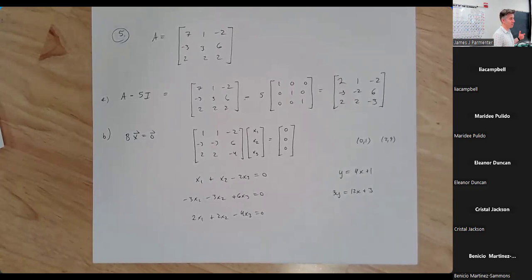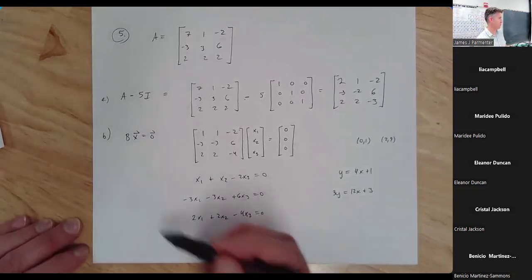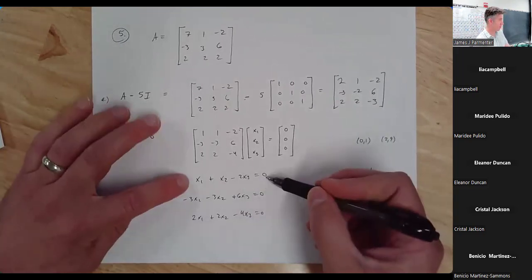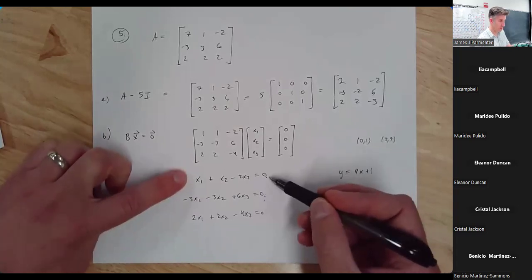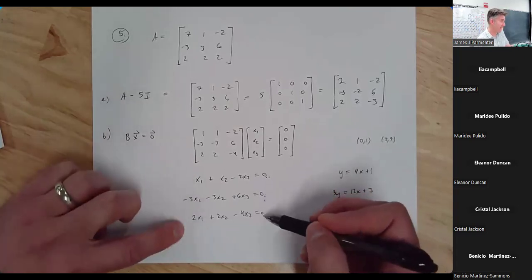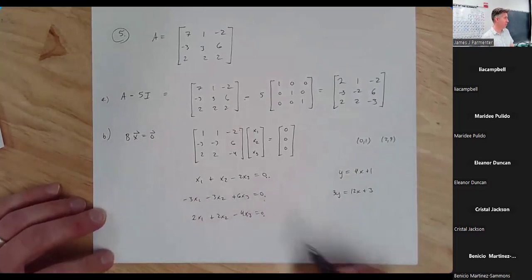And then what I want us to observe is that this second and third equation are just multiples of this first equation. If you take this first equation and multiply it entirely by -3, you get that equation. If you multiply this first equation entirely by +2, you get that equation. So these two equations here don't really matter.